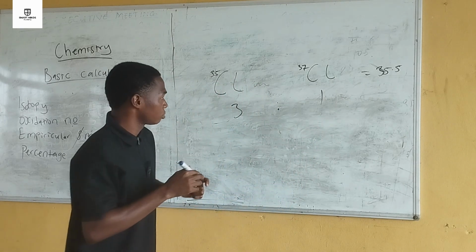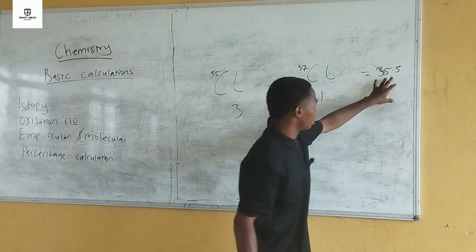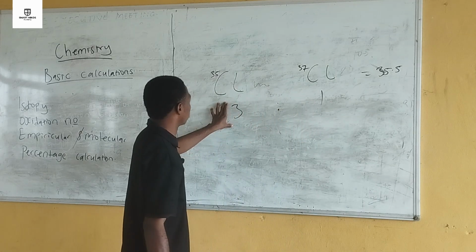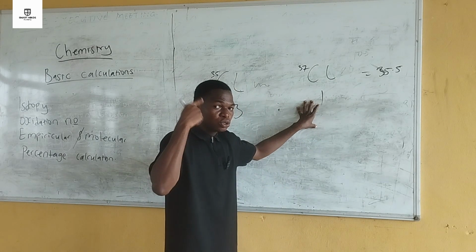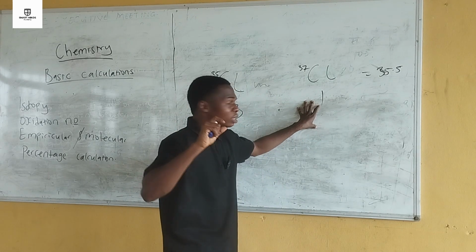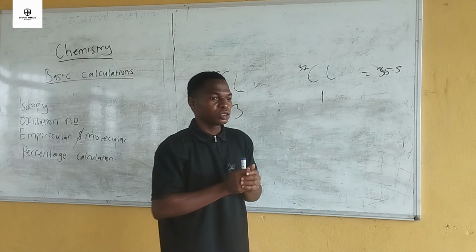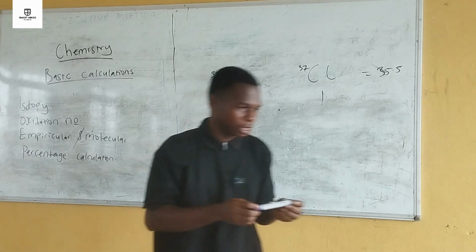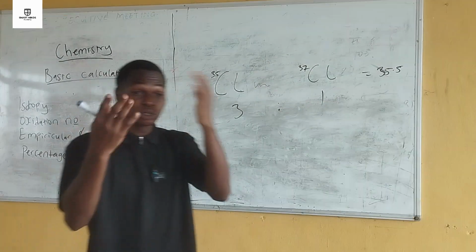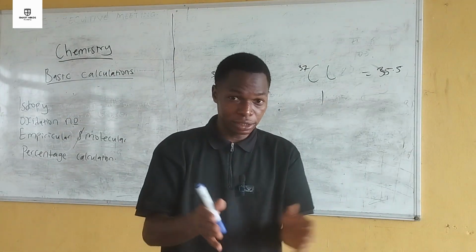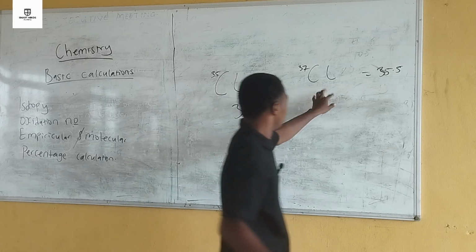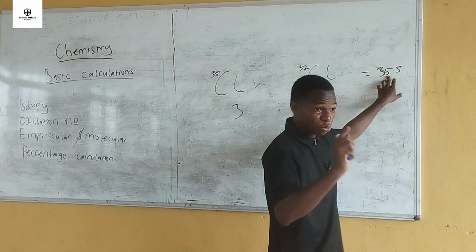Now, listen. They gave you this one. Now, use your common sense. They want you to know the percentage of this one. Just like, let's say you are mixing, you want to take tea. The end product is tea.